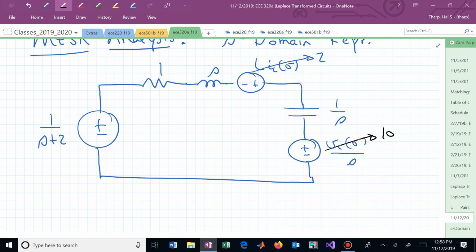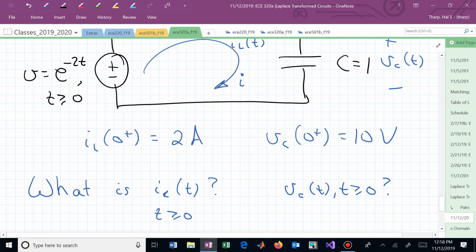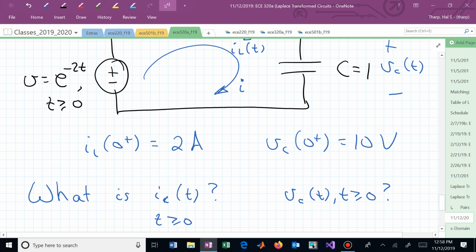So when you gave the initial condition, you gave I sub L of 0 plus, and here it's 0 minus. Oh man. What am I going to do? Do I need to worry? Does it matter? If it doesn't matter, why?